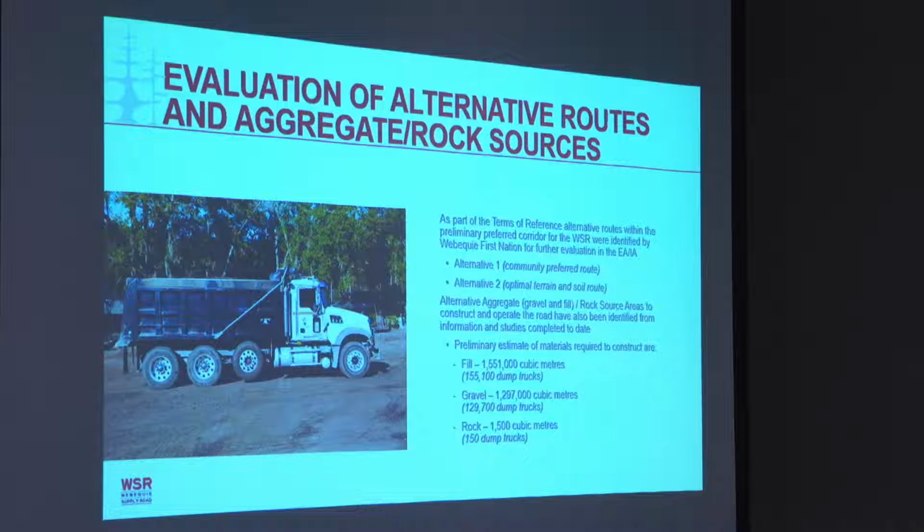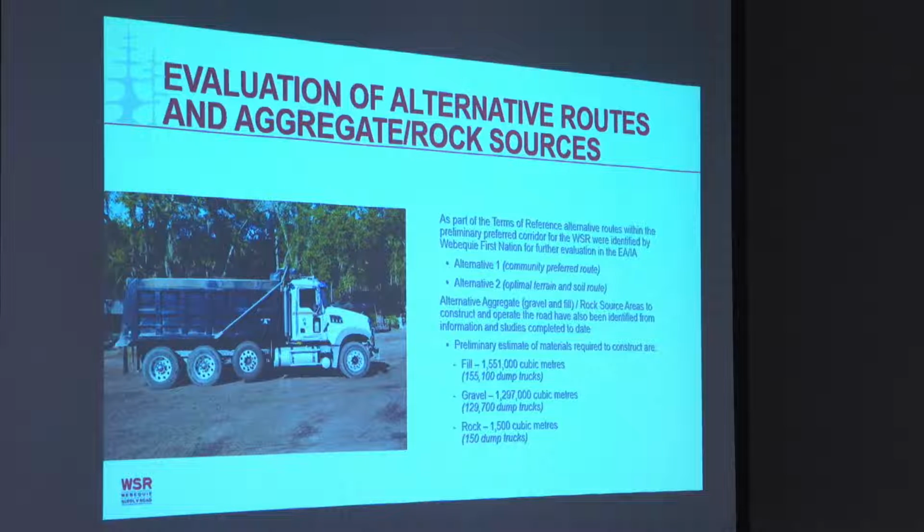And so they came up with a preferred route, and then our technical team took that preferred route and looked at it to see if we could maybe improve it slightly to allow it to fit better with some of the technical realities, whether it's the soil types or just terrain types. And so we've done a modified version of that. So we have basically two alternatives put together.